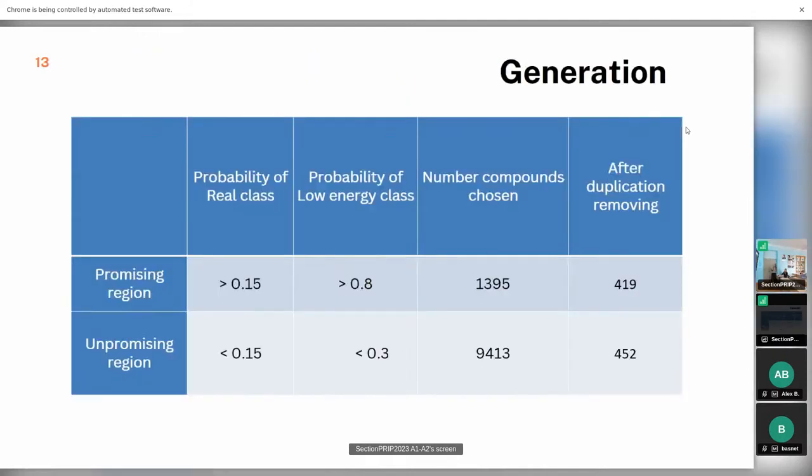Also, to check if our neural network works properly, we chose vectors from the unpromising region.